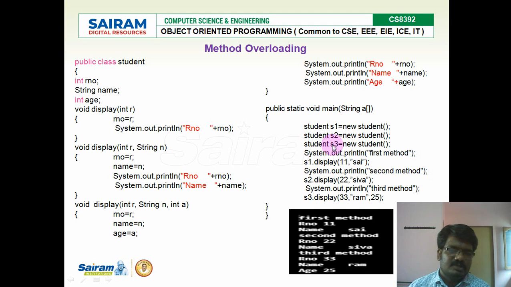For each student I will be calling the respective function with its parameters. s1 dot display will call the one-parameter function, s2 dot display will call the two-parameter function, and s3 dot display will call the three-parameter function. So the same function name is defined with different parameters, the parameters differ, and the definition also differs. Here method overloading is implemented with the class, and it has been called by the objects.